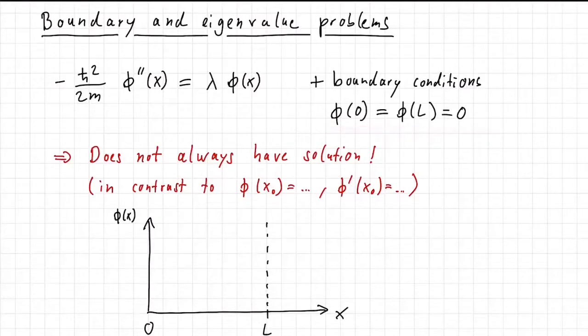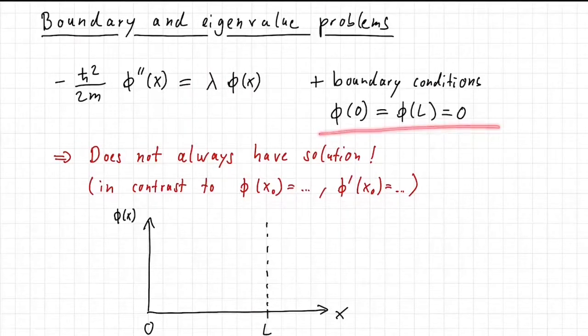What's now important to notice is that if I have these boundary conditions, when I change this parameter lambda, I cannot always have a solution. This is different from what we normally have with an ordinary differential equation with initial conditions, saying that the value of phi at some point x0 is some value and the derivative at the same point is some value.